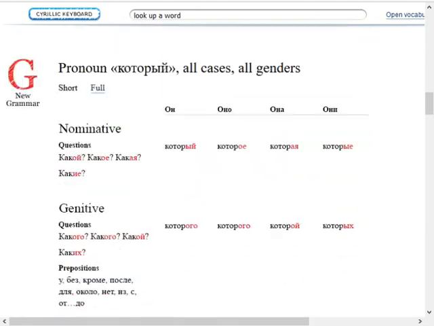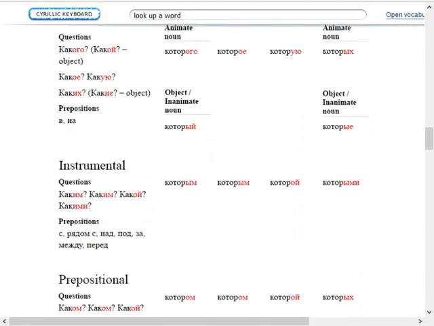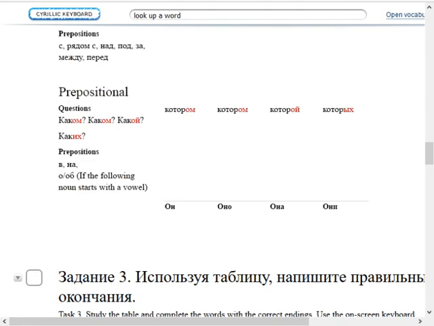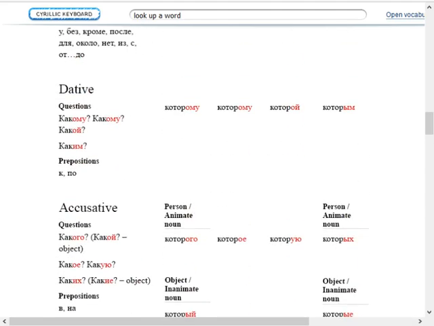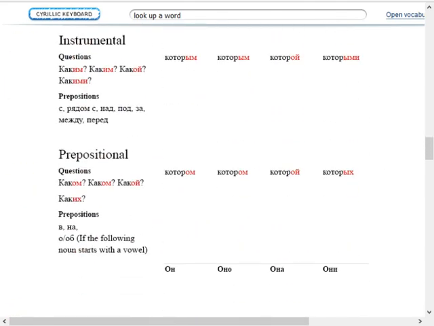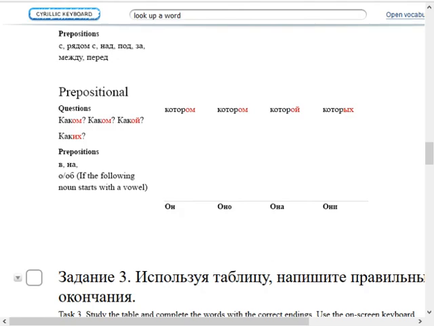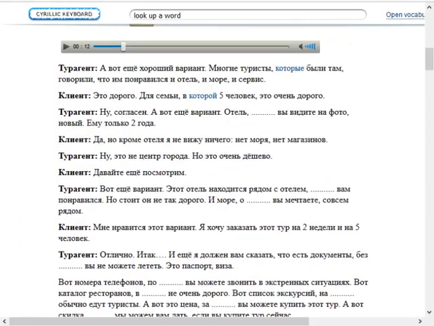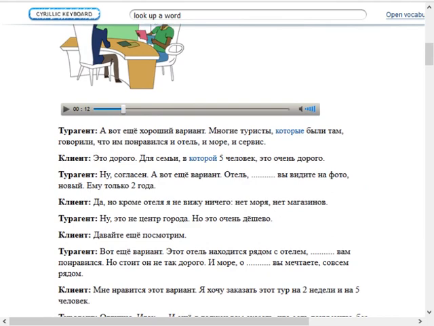So here it's которой. I believe it's prepositional. Yeah, it's in, because it's reporting that the people are in the family. So the location of the people is in the family, and so it's prepositional with в. And then семья is feminine, so you use the feminine prepositional. It becomes которой. So yeah, for a family in which there are 5 people, it's very expensive.